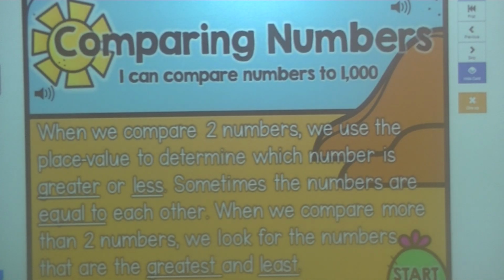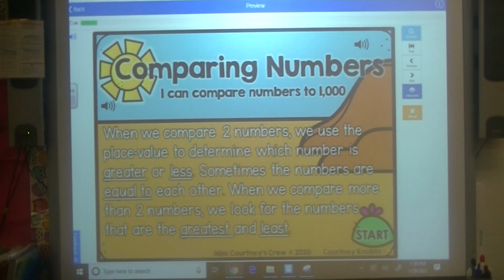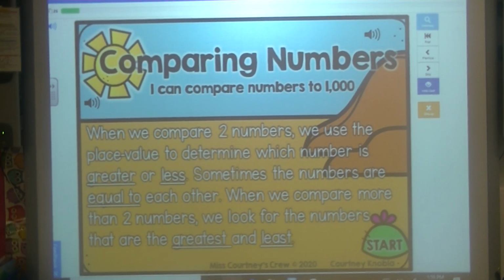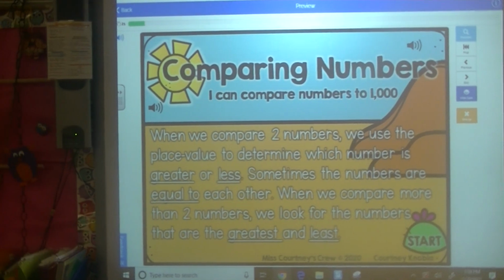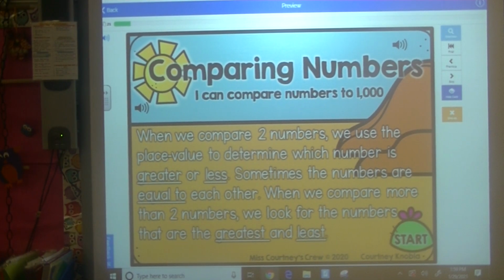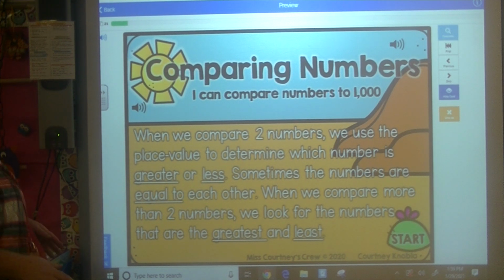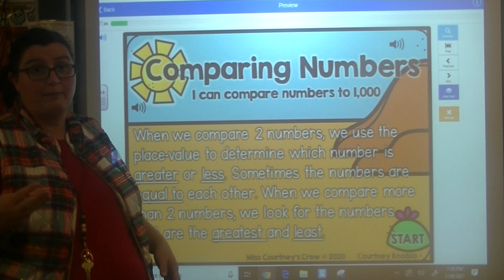is on the Boom Cards. Let me back it up so you guys can see. Here we go. On Boom Cards today, you're going to compare numbers that are 3-digit numbers.